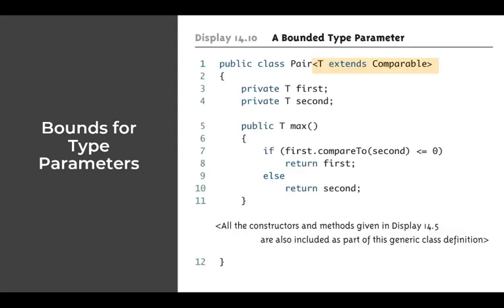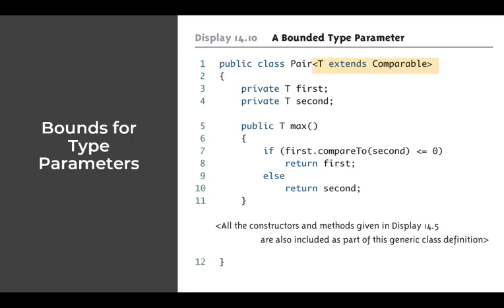Here, for example, I'm defining a class Pair with a parameter T which extends Comparable. It's got two attributes of type T, named first and second, and then I've got a method max which is going to return the biggest of the two. Because T extends Comparable, I know that any object of type T will have the method compareTo.